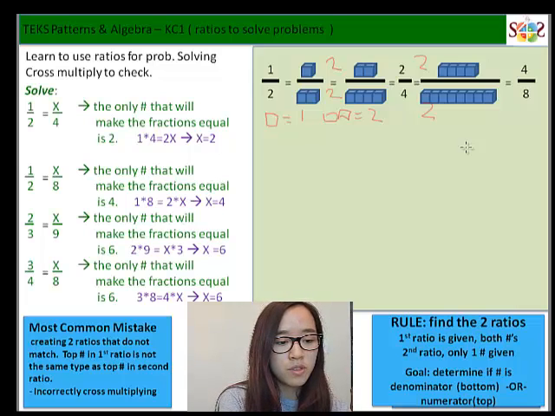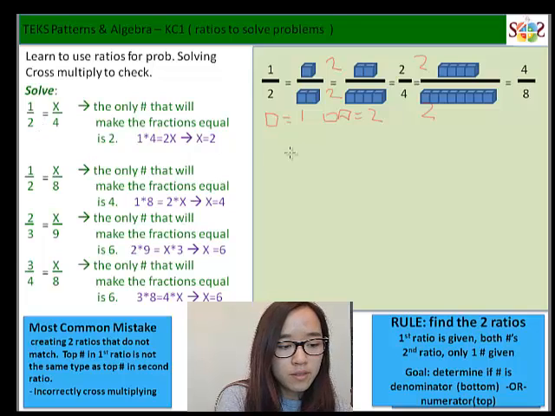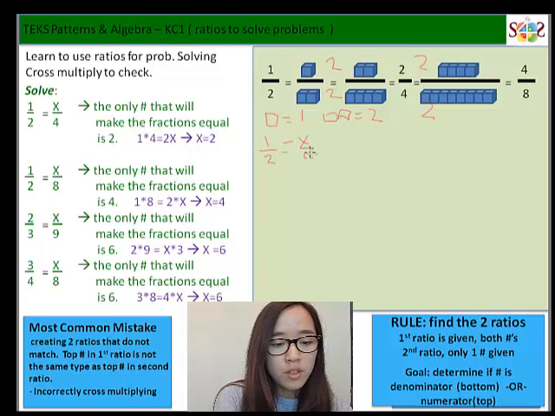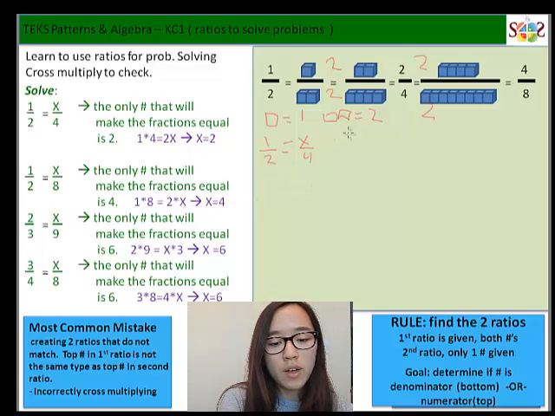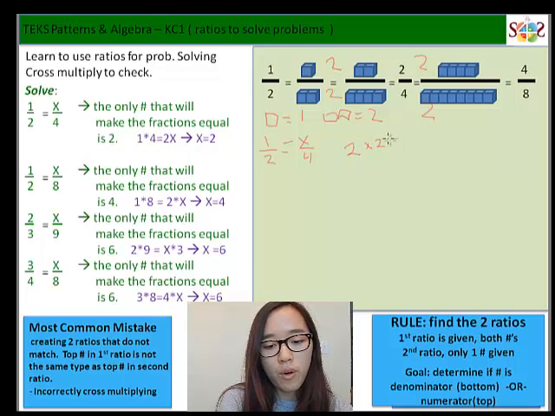So we're supposed to solve 1/2 equals x, our unknown, over 4. So we have to find the factor that will help us find x. We see that the denominators are different, but we know that when we multiply 2 times 2, we get 4.